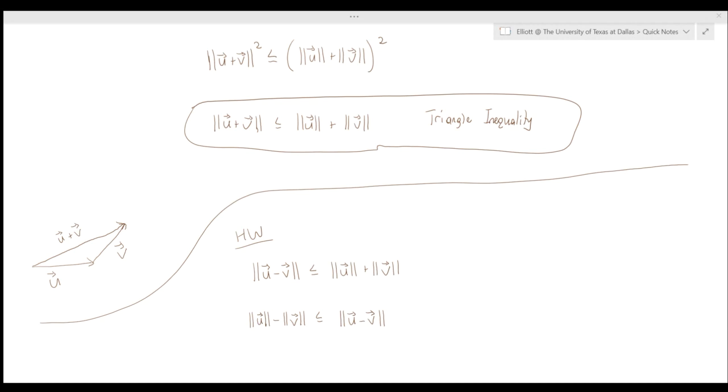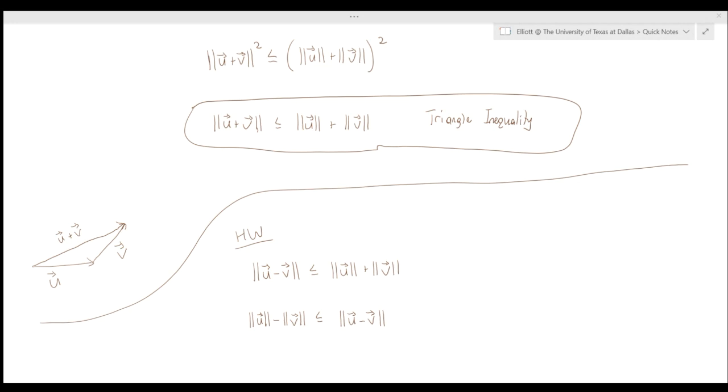Did anyone manage to figure out this problem? Okay, sure.